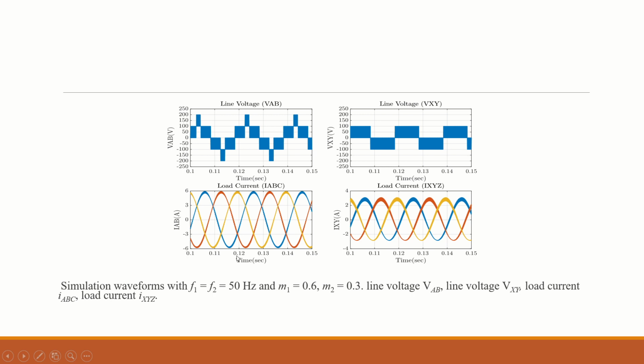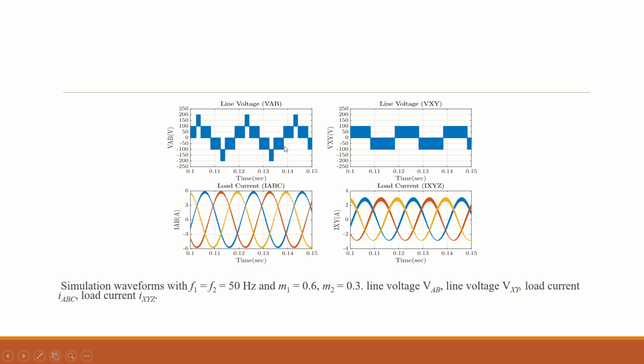Here levels also decreased when the modulation index is decreased. And this figure shows the frequency is the same, we are giving 50 Hz to both, but for this figure we are giving m1 equal to 0.6 and m2 equal to 0.3. The upper one is the voltages, the lower one is the currents.